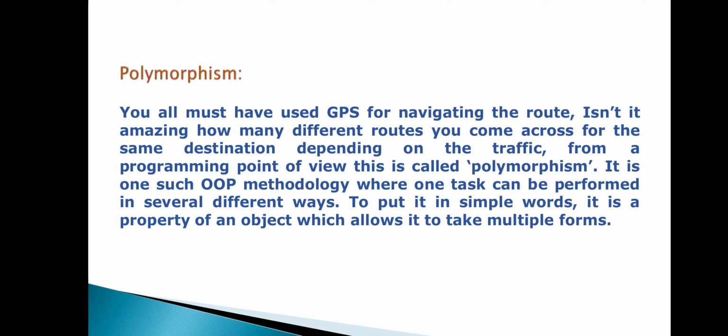It is one such methodology where one task can be performed in several different ways. To put it in simple words, it is a property of an object which allows it to take multiple forms.